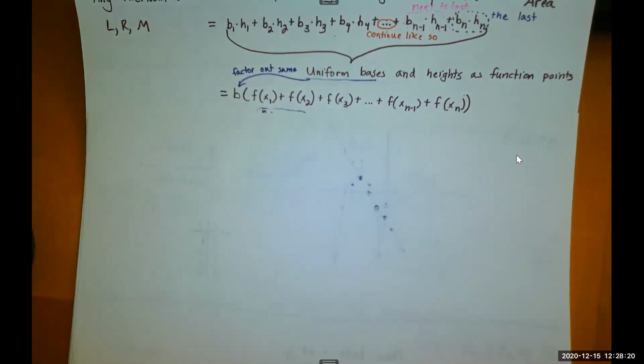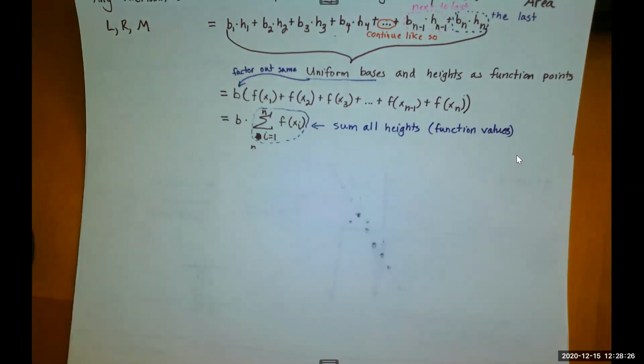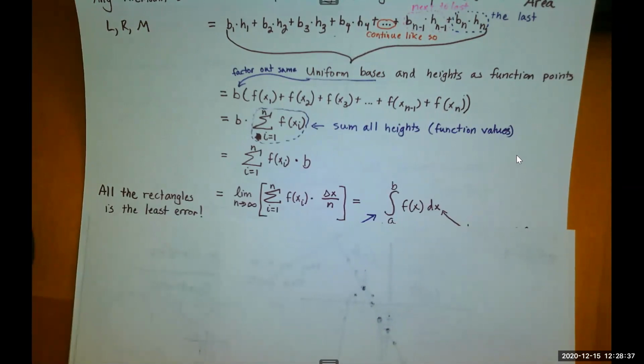That means we got to do all of the rectangles. How do we express all of the rectangles? We express all of the rectangles like this. So there's a whole bunch of notation. I'm going to have you copy it down.